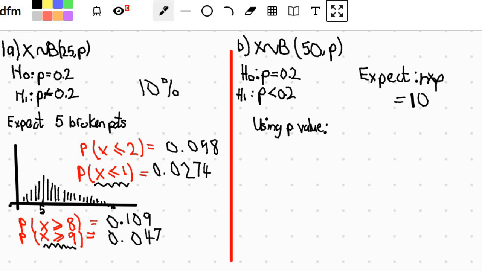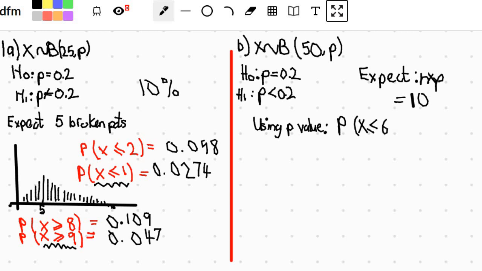So the p-value, remember, is the probability of your observed value or more extreme. More extreme is moving away from the expected number. So if the observed value is 6, moving away from that expected number, I'm going to be looking at X less than or equal to 6.